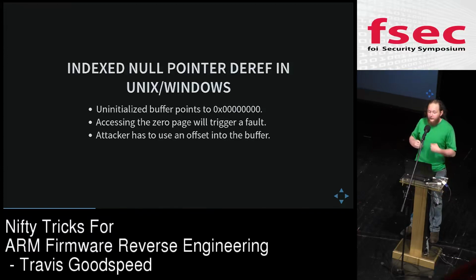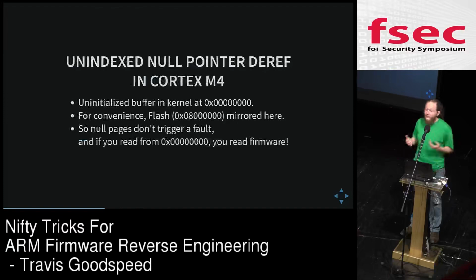You need to either create something at address 0, which you're very often not allowed to do, or you need to have an index that allows you to say, no, the buffer is at address 0, but I want something that is 1.5 gigabytes further than that in order to read off the end of the buffer. Here I don't have an index, and I'm not allowed to allocate anything new in memory, so I have to go with what's already there.